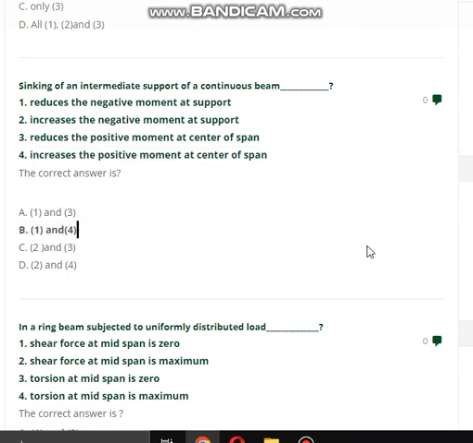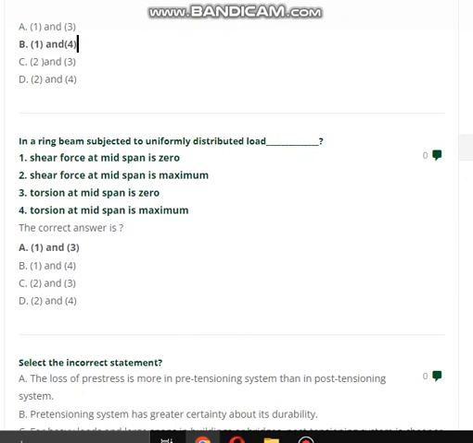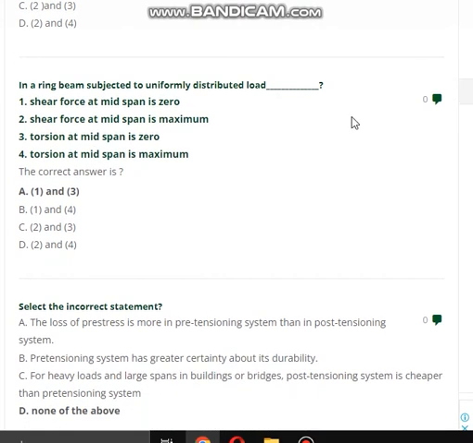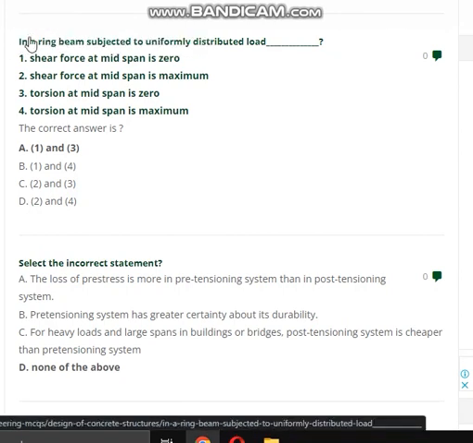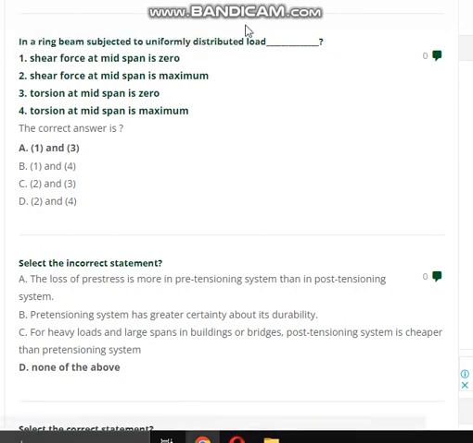B answer is correct. In ring beam subjected to uniformly distributed load, shear force at mid span is 0 and torsion at mid span is 0.